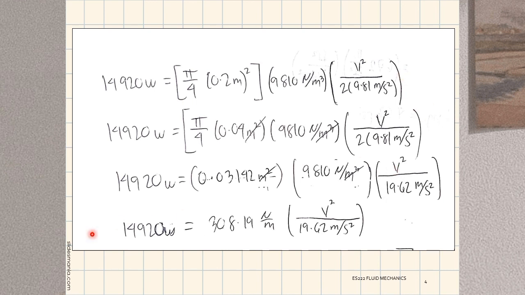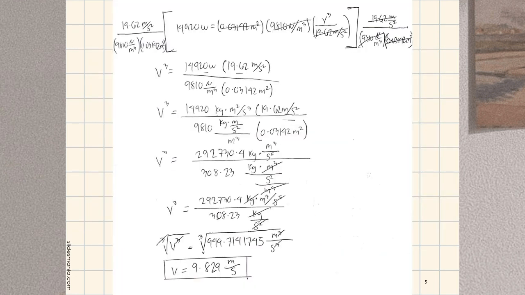So the remaining is 14,920 watts equals 308.19 Newton per meter times V squared over 19.62 meter per second squared. And next, to get V raised to 3 for the velocity, we're going to multiply this.